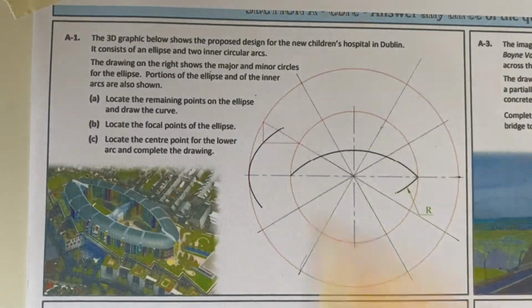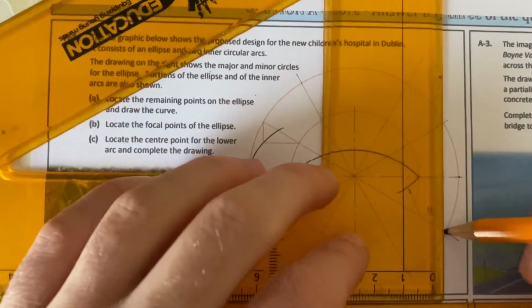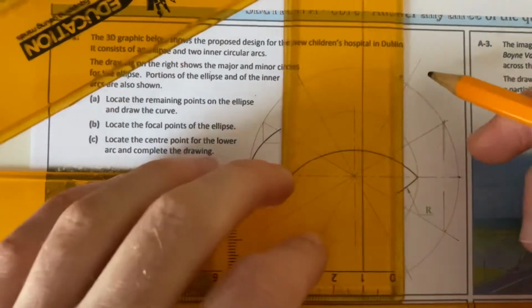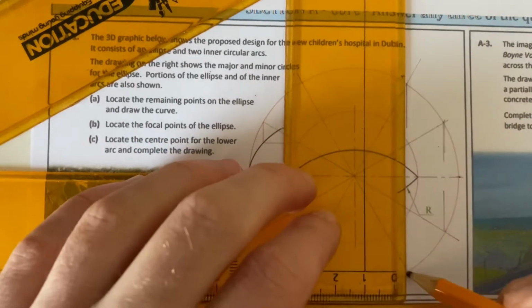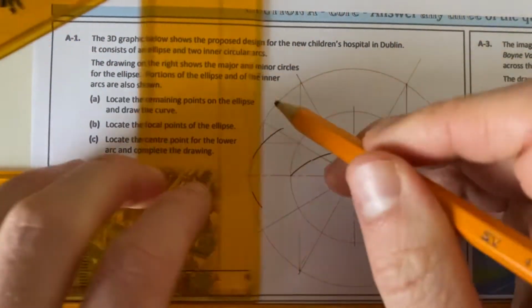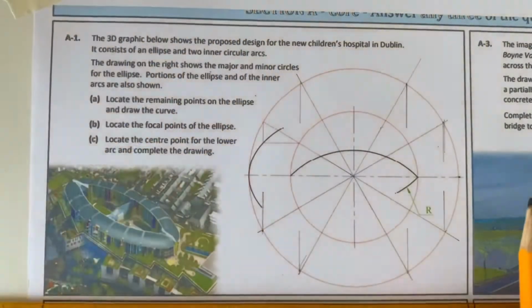So the next thing I need to do is take my points up and across. So up and across there, up and across here, and same on the opposite side. And then up here, and now the ones that need to go across.